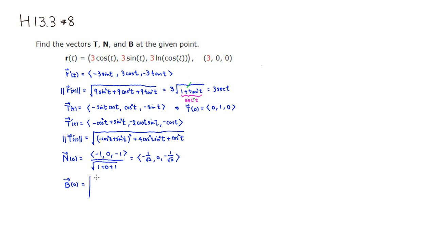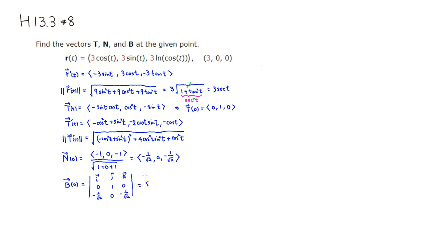So I'm going to say i, j, k. T is 0, 1, 0, and N is negative 1 over square root of 2, 0, negative 1 over square root of 2.